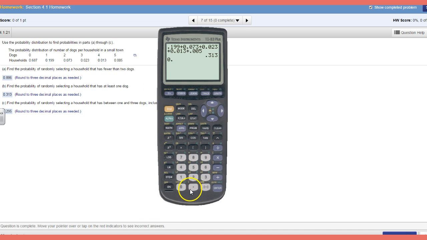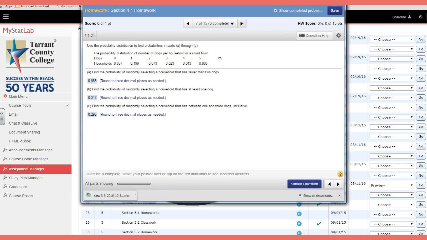That would be 0.199 plus 0.073 plus 0.023, and that would be 0.295. That's exactly what we have: 0.295.